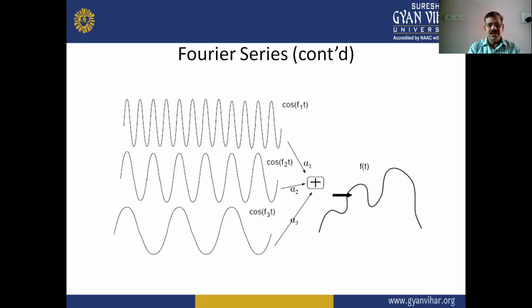And the next one is also a cos waveform, which has the frequency f3. These three cosine waveforms are added, and after the addition we find the total function f(t) as shown in the next second waveform.